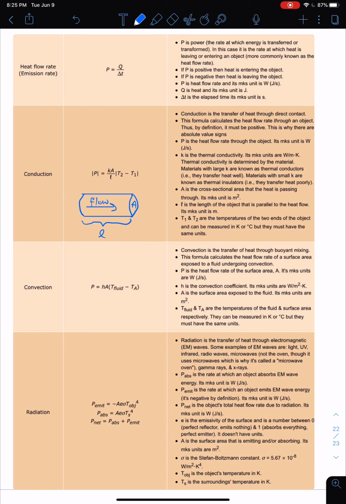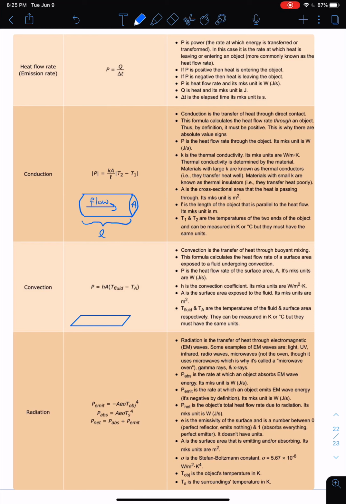For convection, this formula calculates the heat flow rate of a surface area that's exposed to a fluid undergoing convection. So you might have, for example, some kind of plate, like so.